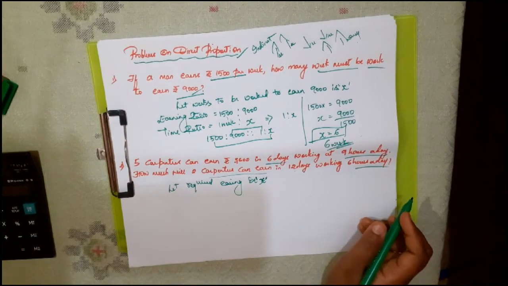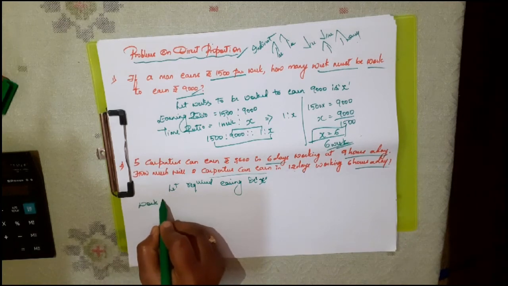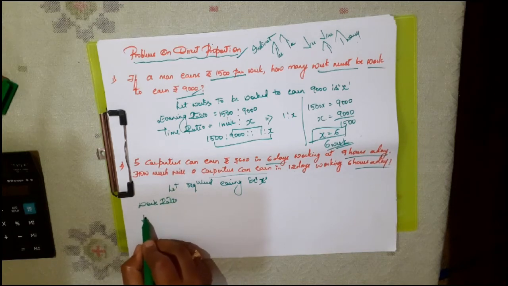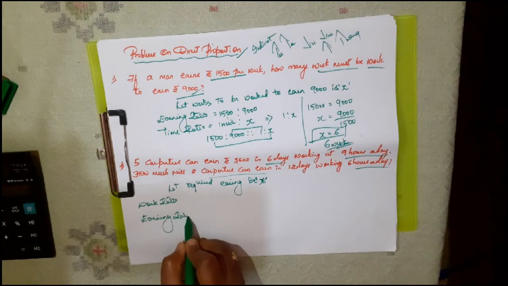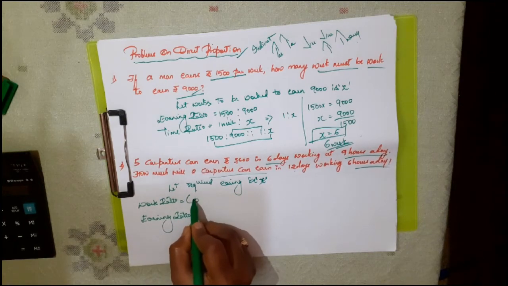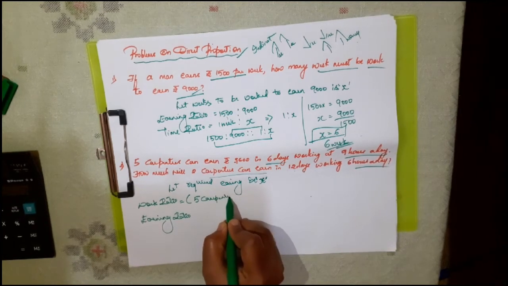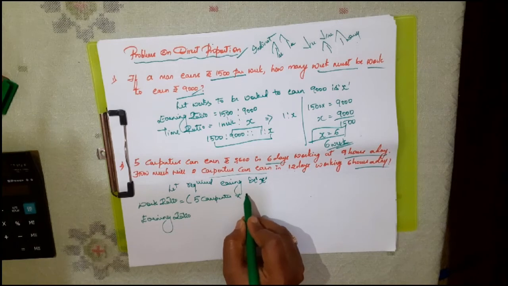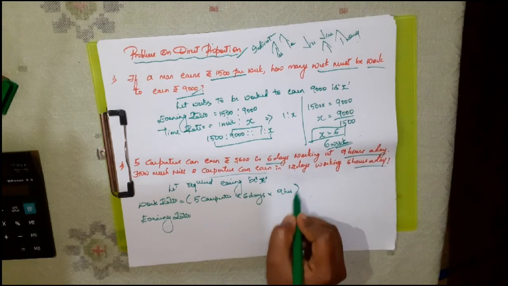Here also we are making a segregation of work ratio as well as earning ratio. In the work ratio, they have given three elements, all of which will be considered here. The work ratio includes how many carpenters were working, into how many days they are working, and how many hours they are working.